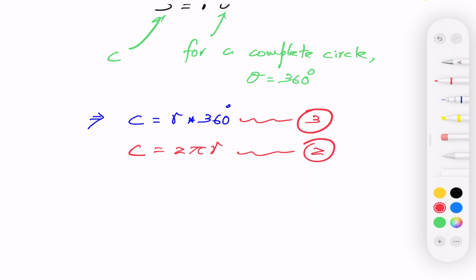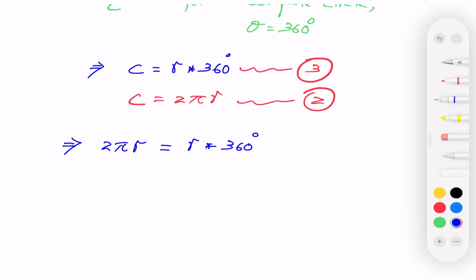Since both equations 2 and 3 have left hand side being equal to c, we can write down the right hand sides also to be equal to one another. That means we can write down 2 pi r to be equal to r times 360 degrees.